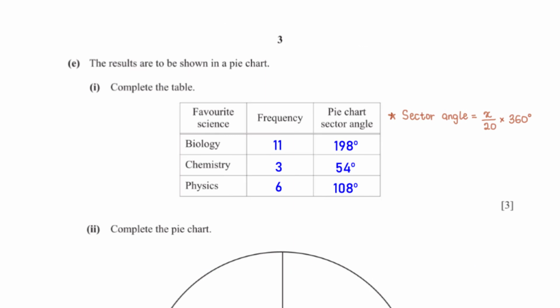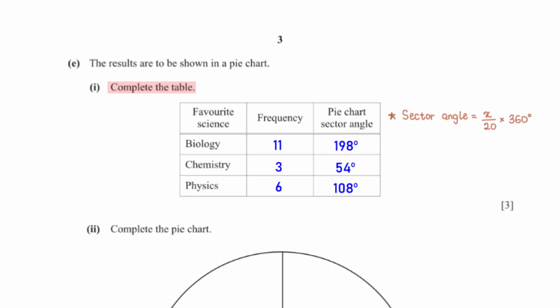The results are to be shown in a pie chart. Complete the table. We know the frequency, or the number of students who chose biology, is 11. So the sector angle would be 11 divided by the total number of students, which is 20, times 360 degrees, which is equal to 198 degrees.